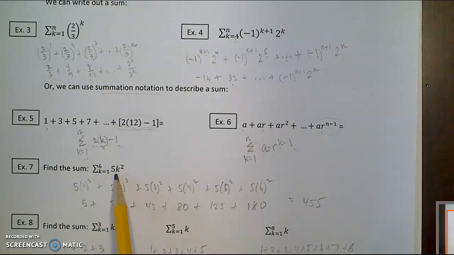We plug 1 in for k, we get 5 times 1 squared, which is 5. Plug 2 in for k for the second term, 2 squared is 4, 4 times 5 is 20, and so on. We're just going to keep plugging in these values for k all the way out to the 6th term, find the individual values, and then because we're looking for summation, we're going to add up all those terms.